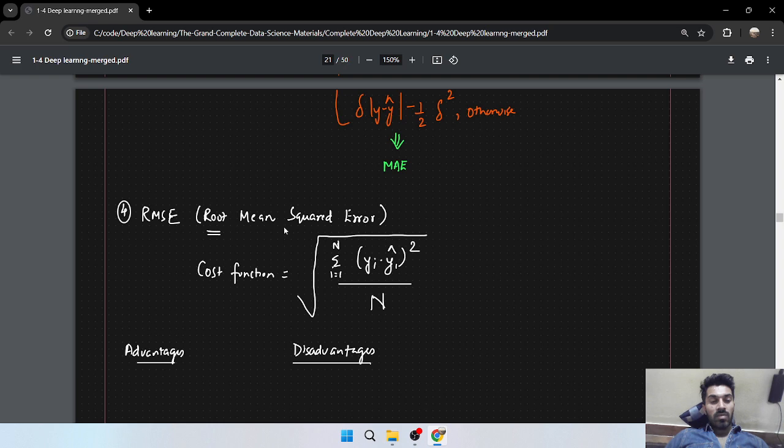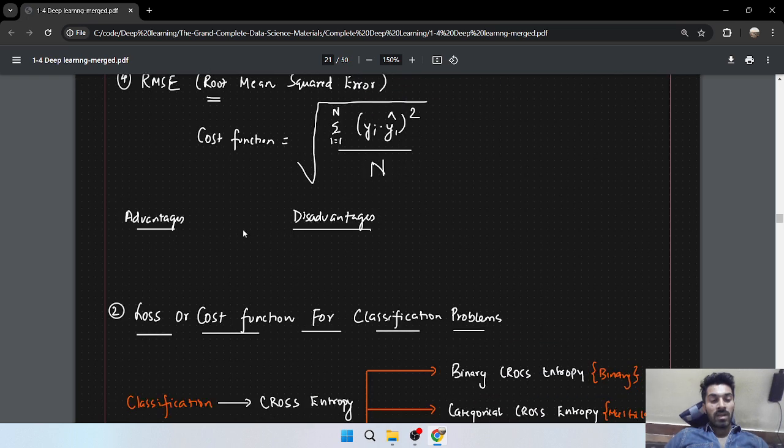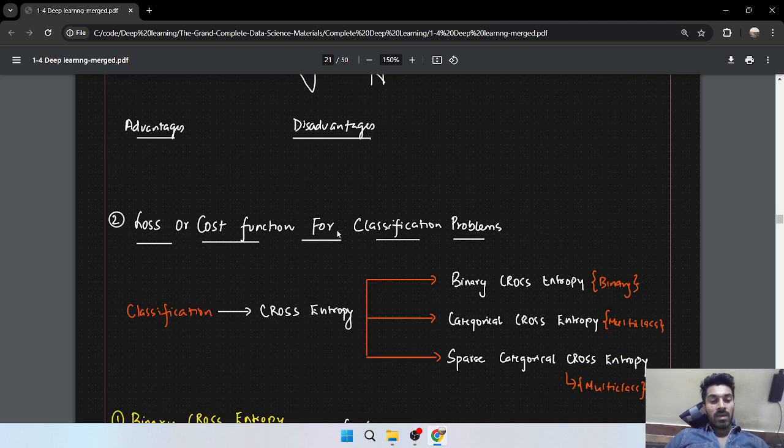Now RMSE, root mean squared error. The formula will be like this: root of the mean squared error. In MSE we have to take a root basically. Advantages and disadvantages.